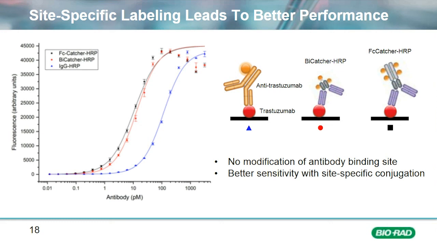When we compared them directly, we saw lower sensitivity by the method where we'd used primary amine coupling rather than coupling to pre-labeled catchers, whether that was site-specific as shown in the bycatcher HRP, or whether it was an Fc catcher which was labeled by primary amine coupling prior to adding the Fab domains.